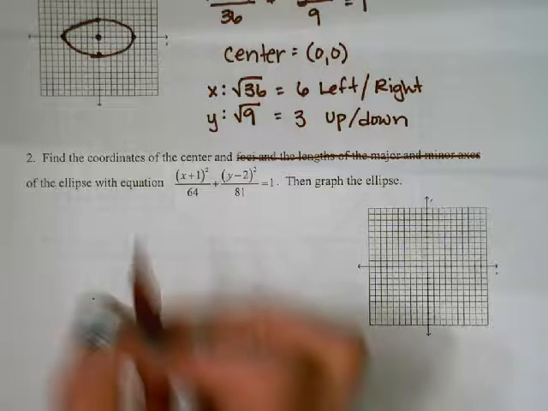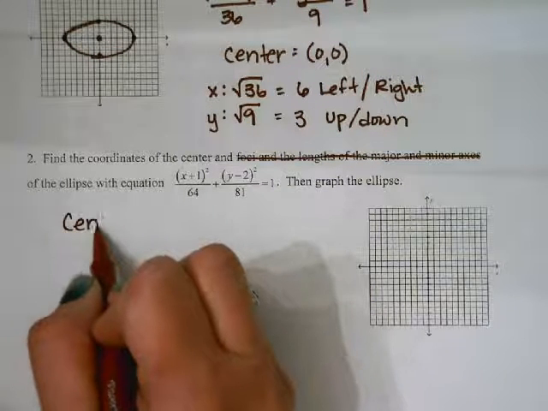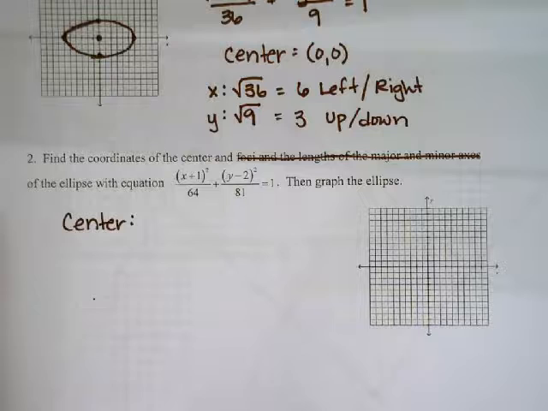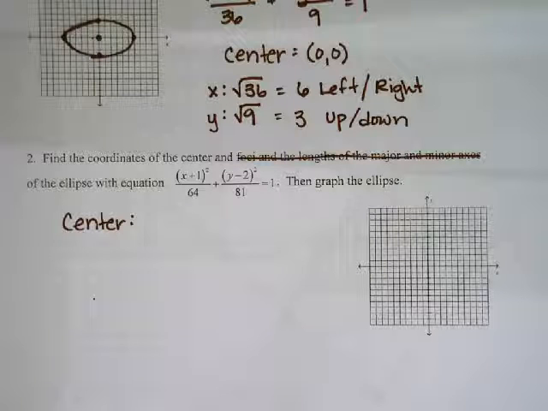Okay, so where's my center? Remember to flip the sign of those numbers when you take them out. Just like when you found the center of the circles, we flipped the sign and we took it out of the parentheses with the variable.